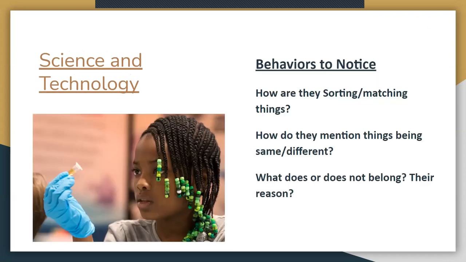So what are some behaviors to notice? So how are they sorting and matching things, right? How do they mention things being the same and different? And what does or does not belong and their reason? So in one of our science activities, we were looking at birds, and we created a chart, and we would put a tally mark if we saw a particular bird, and then at the end count them up.